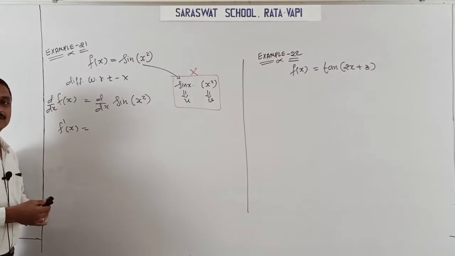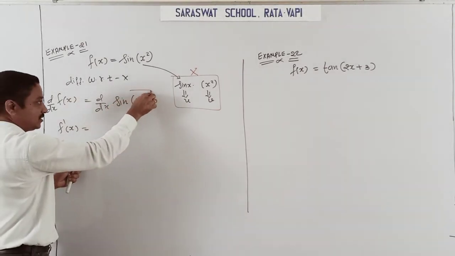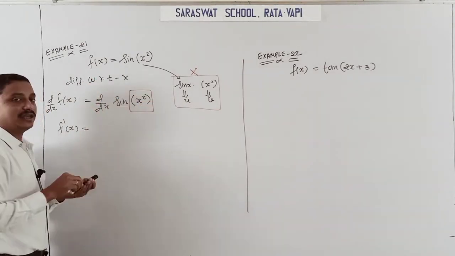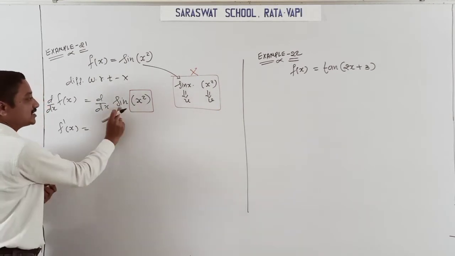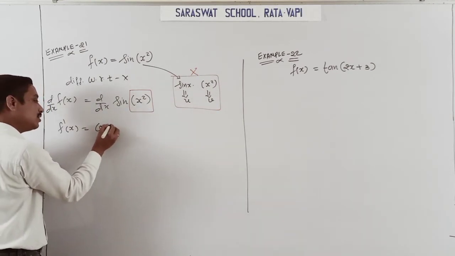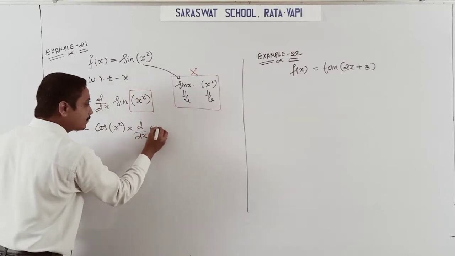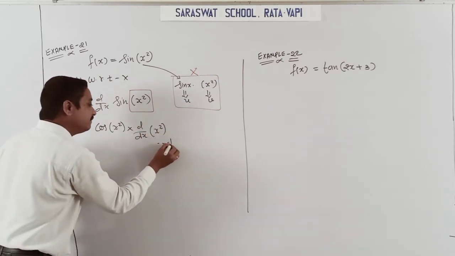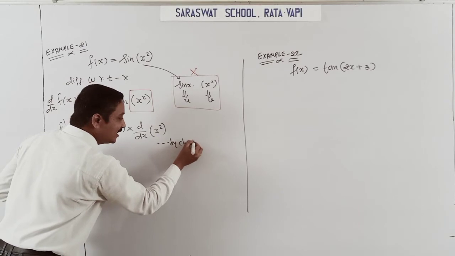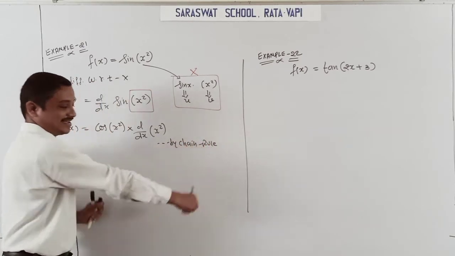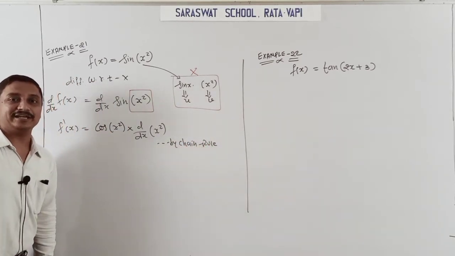Here students, I just consider this value as theta. So what is the sine derivative? Cos, and d dx of x square is pending by chain rule. Yes, chain rule applying.